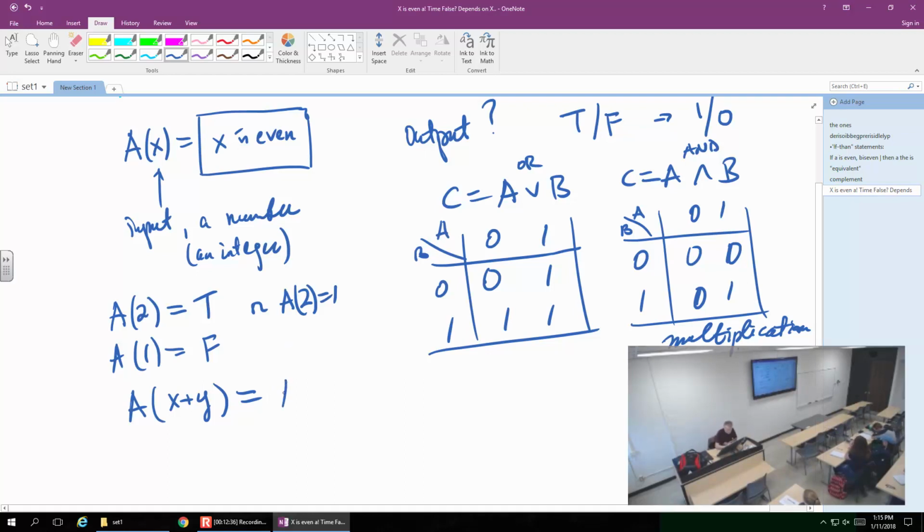If we know something about the evenness of x and the evenness of y, what can we say about the evenness of their sum? In other words, if this is 1 and this is 1, then this is 1 too. What? It is an and. Is it?